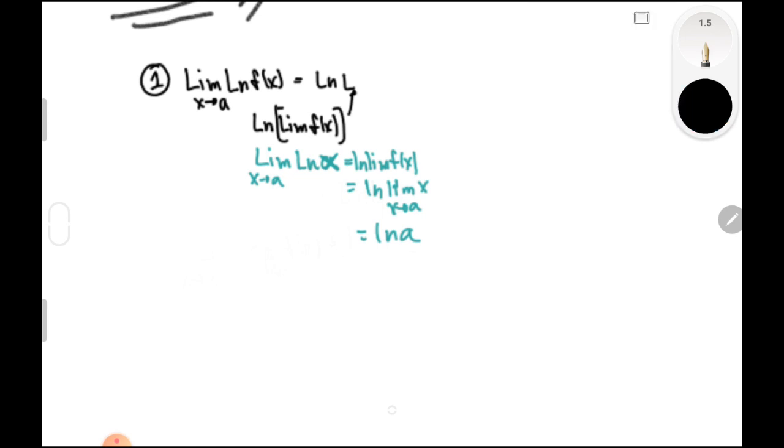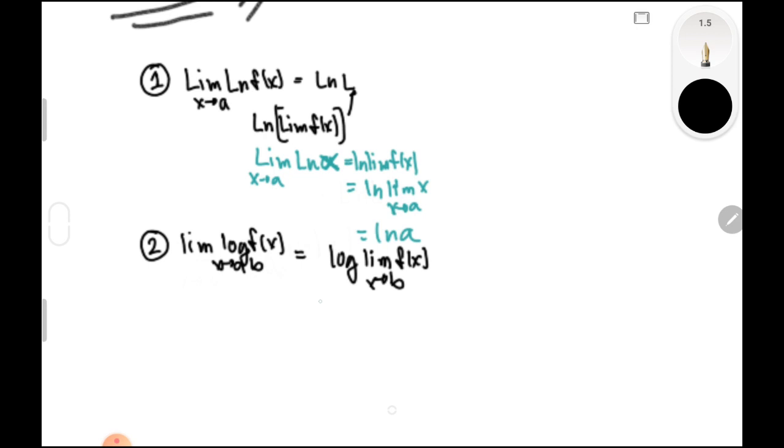Second theorem: the limit of log of f of x to the base b as x approaches a can be written as log of the limit of f of x as x approaches a. So if we have a function equal to x, it can be demonstrated as log of the limit of x as x approaches a, to the base b.